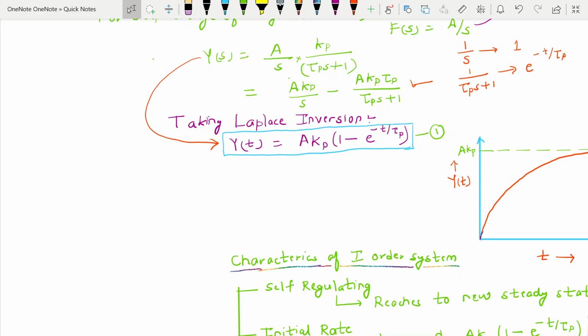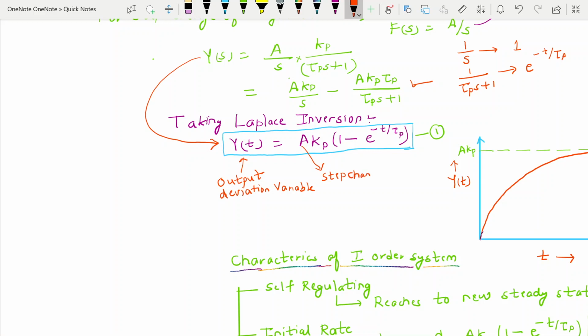So now we will see the different components of this equation. तो y(t) है मेरा आउटपुट डेविएशन वेरिएबल. Okay, A is my step change of magnitude.